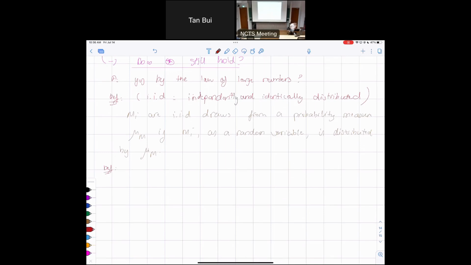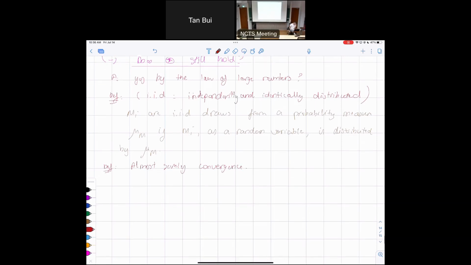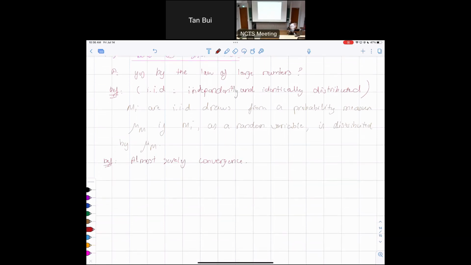Almost sure convergence. Okay, so a sequence of random variables, m_i of omega.